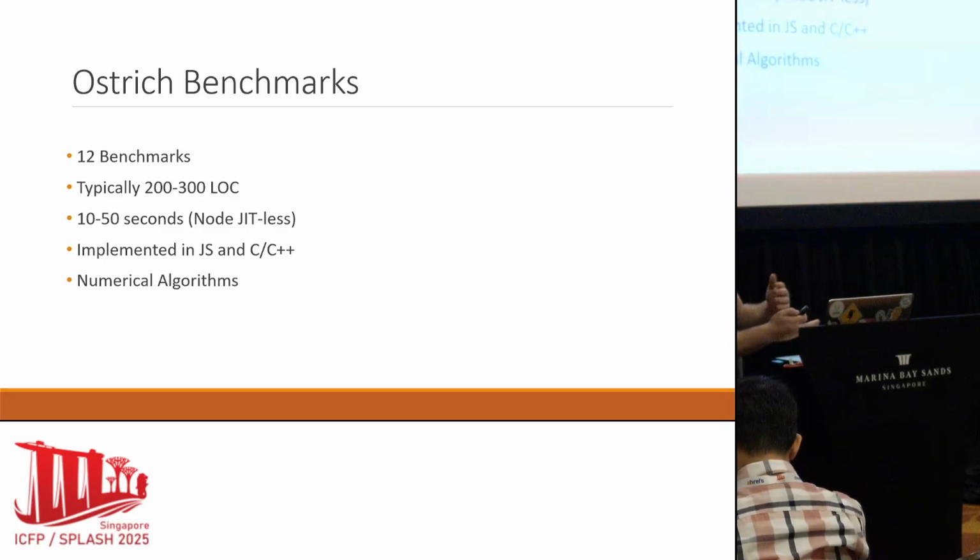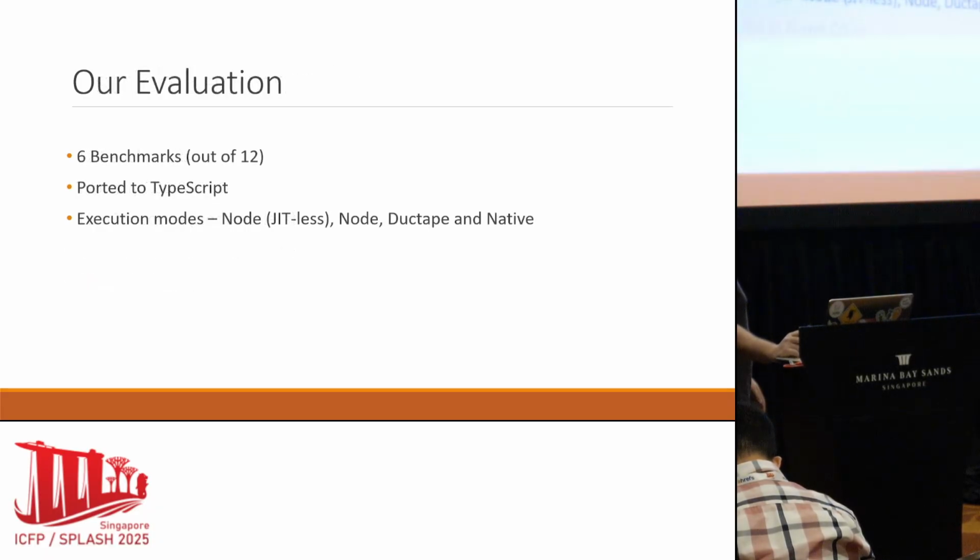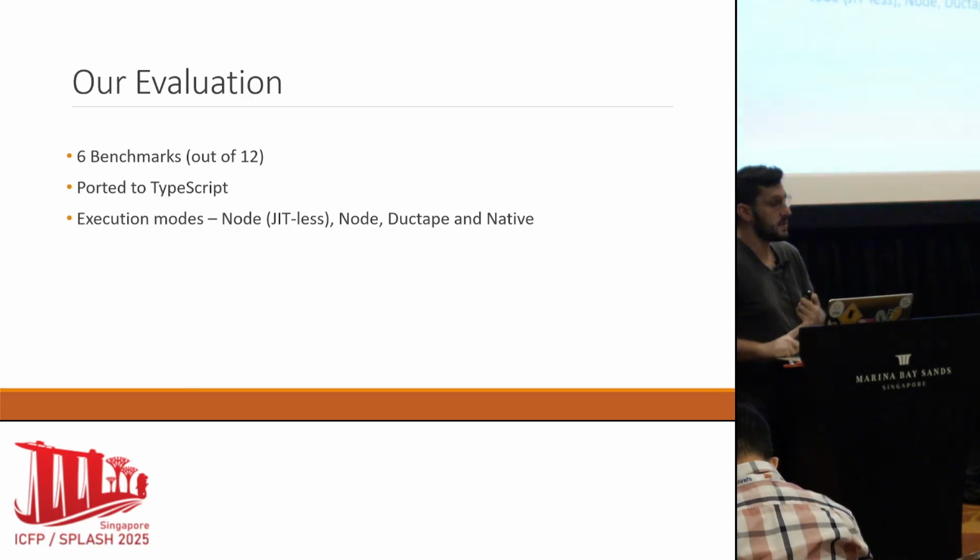So we could also compare our results to handcrafted native implementations. Out of these, we took 6 benchmarks we managed to support with our tool. The other 6 benchmarks were either using features we couldn't yet support, or the analysis didn't manage to completely infer all the types for them.